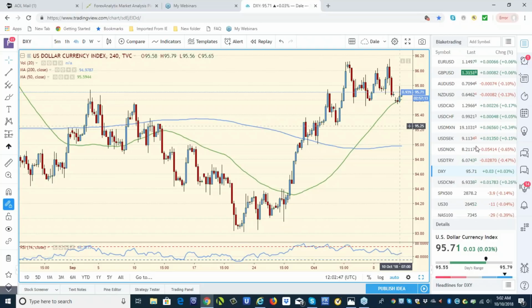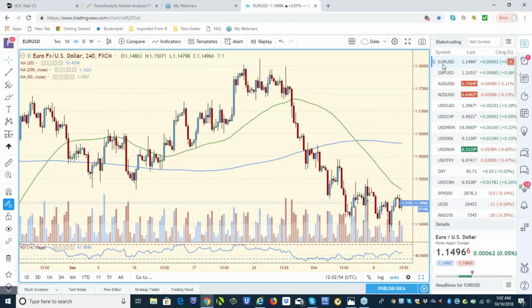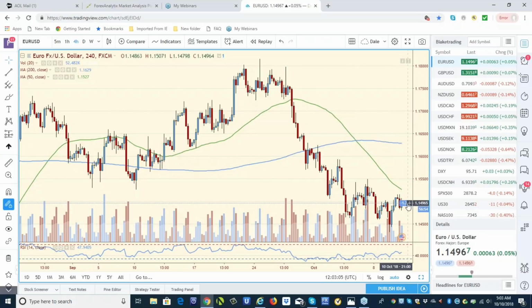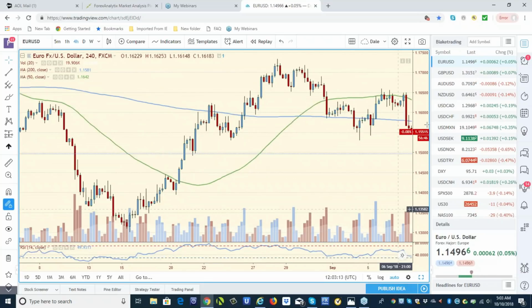Do you have a scroll wheel on your mouse? Try to scroll that. Try grabbing it. Just left click and move.